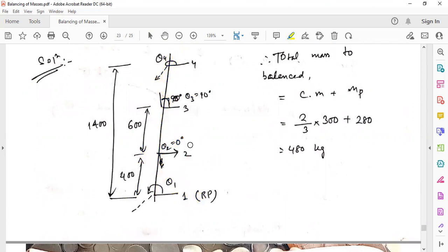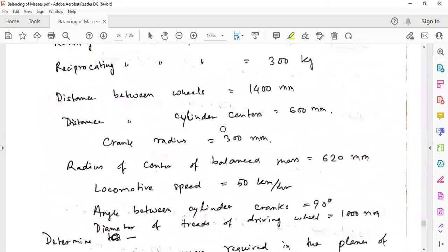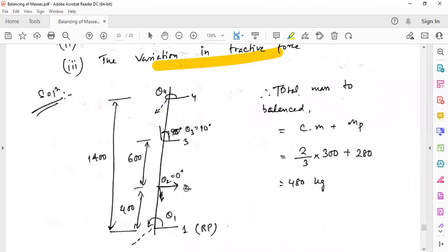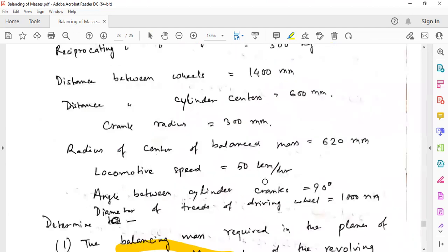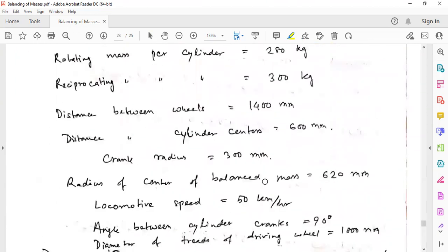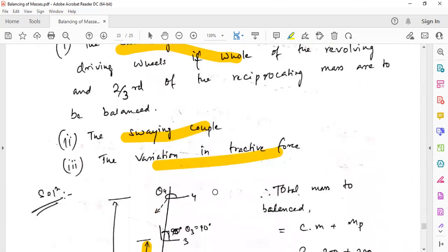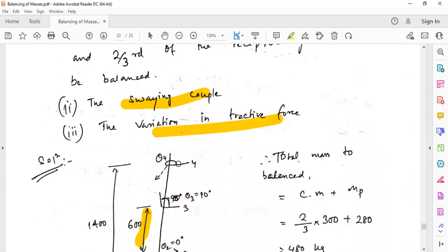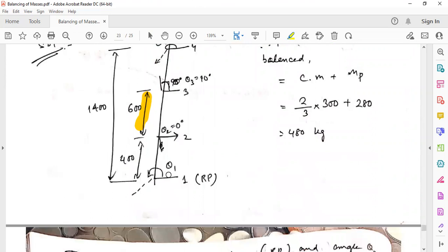We know the distance between cylinders is 600 mm. So these are cylinders 2 and 3. Cylinders means engine only. The gap between them is 600, so just mark 600 here. Then what else is given? Distance between wheels: this is the first wheel, this is the second wheel.